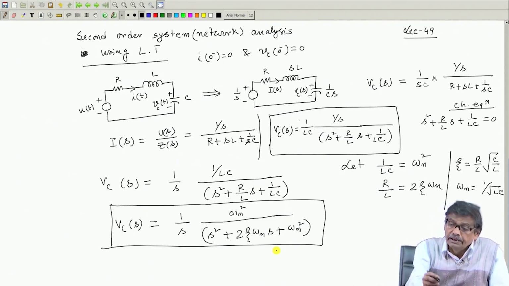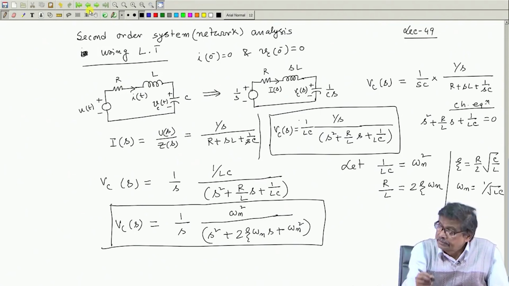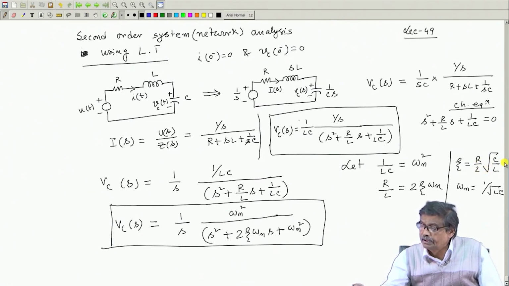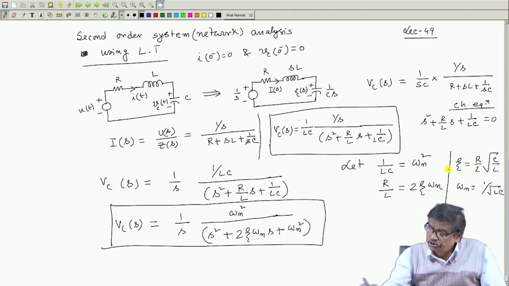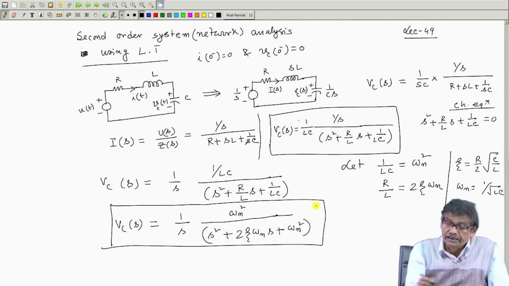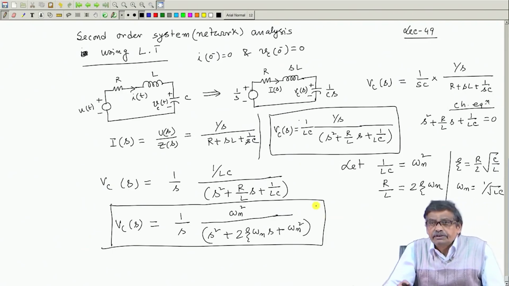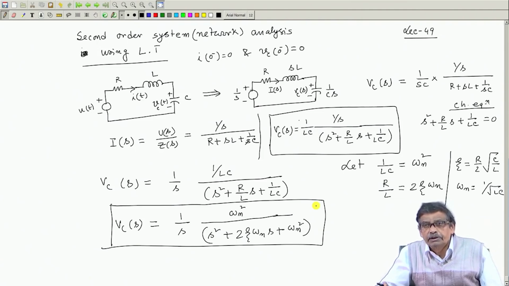So, I will take 3 conditions. See, zeta is equal to R by 2 into root over C by L. If R equal to 0, zeta will be equal to 0. So, there will be 3 cases: when zeta is 0, when zeta is between 0 and 1, and when zeta is greater than 1.